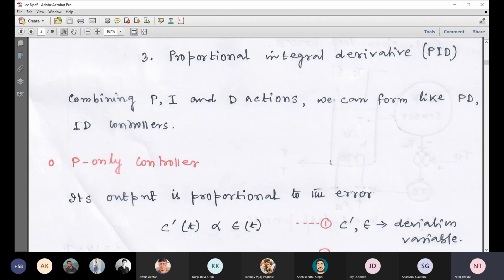You see in this equation it is indicated. Output signal C is proportional to the error signal. That's why it is proportional controller. And here C prime and error epsilon, both are deviation variables.